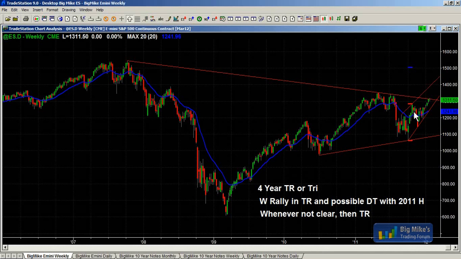Might be forming a triangle, might be forming a double top with the 2011 highs. But the weekly chart, to me, as I look at it, I'm not all that impressed. To hear people on Fast Money talk, the market seems like it's going to be going up forever. They bring on fundamental analysts who have projections way above where we are now.